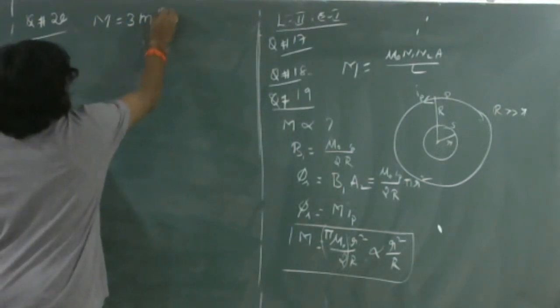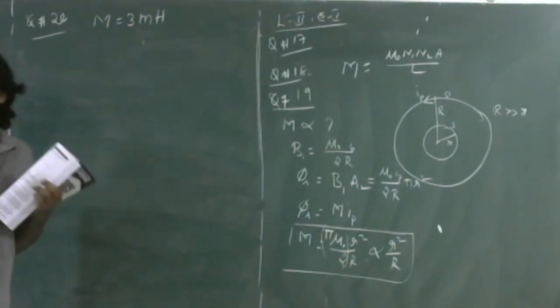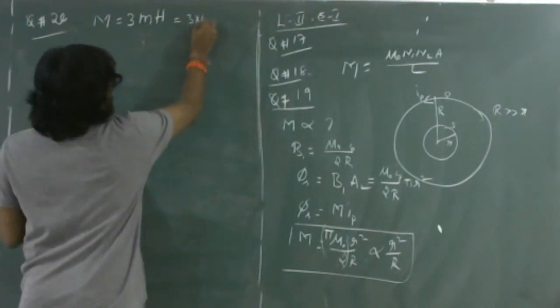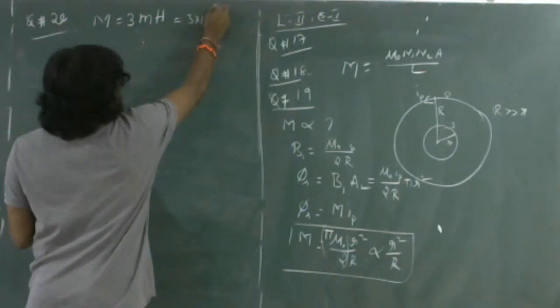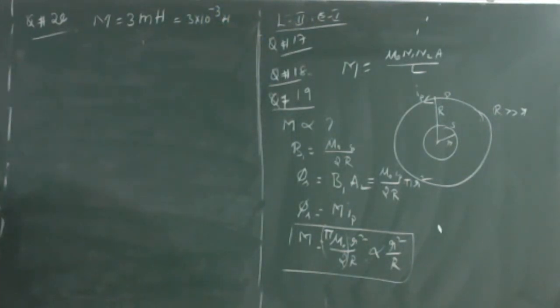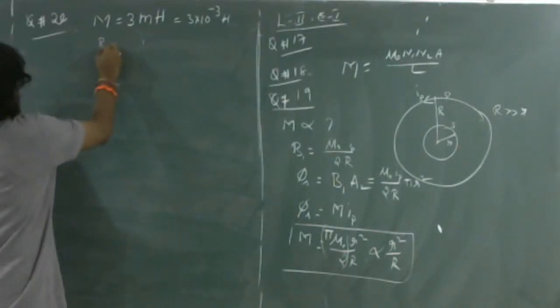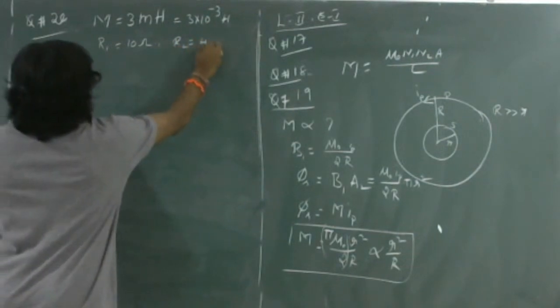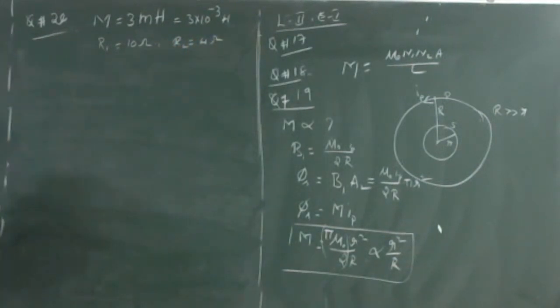Milli means small m, which means 10 to the power minus 3. Henry is the SI unit of coefficient of inductance. And the respective resistances are 10 ohm and 4 ohm. So the resistance in the first one is 10 ohm and that in the second one is 4 ohm.